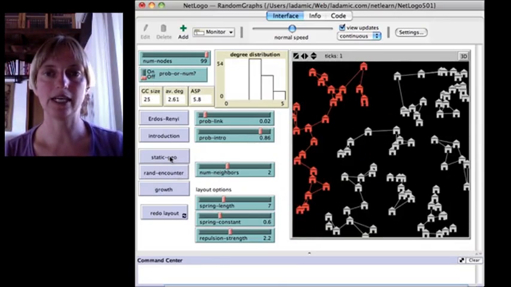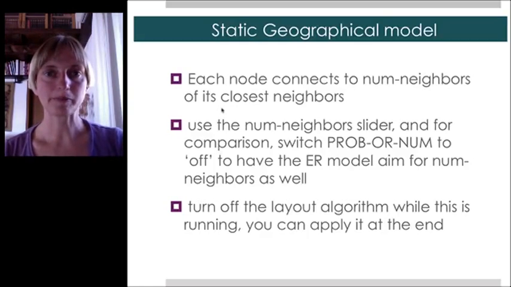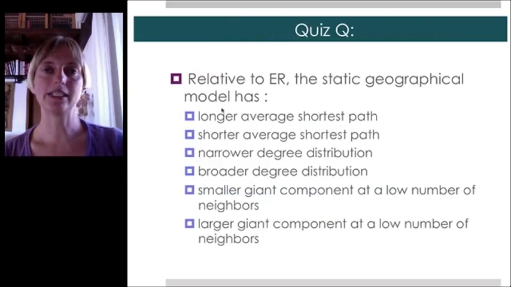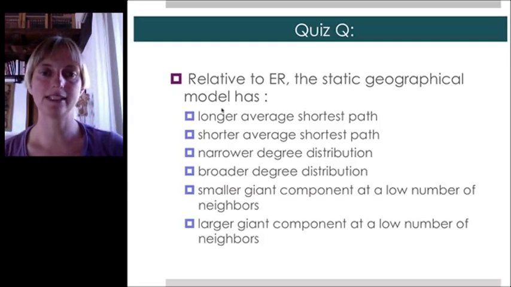And so I'm just going to click on stat geo, and it's just highlighting the largest connected component here in red. And what we'd like to know about this one, let's see what our quiz is. We'd like to know, relative to the Erdős-Renyi random graph, whether this kind of static geographically generated graph has longer or shorter average shortest paths, broader or narrower degree distribution, and smaller or larger giant components.